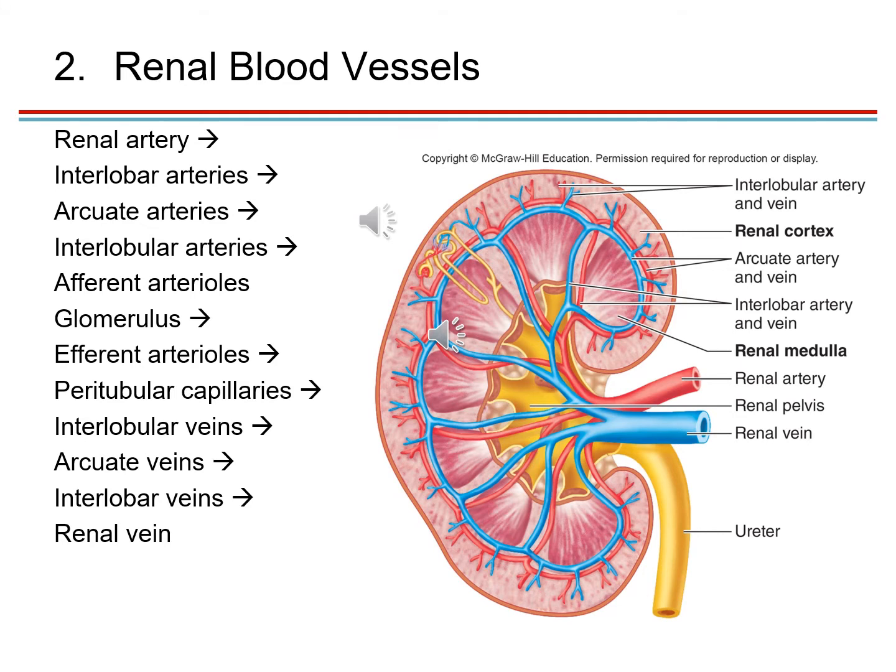This aorta ascends, forms the aortic arch, descends, crosses the diaphragm, and when it's in the abdominal cavity, the descending aorta produces one branch that is the renal artery.